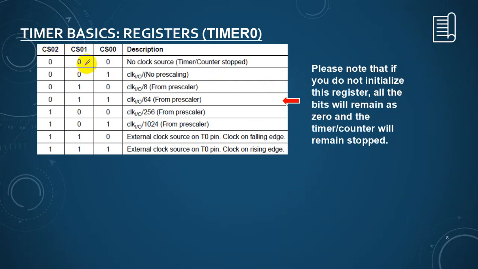If the combination is 000, no clock source; the timer stops functioning. If the sequence is 001, no prescaling; the timer gets the same frequency as the system frequency, 16 megahertz. If the sequence is 010, you divide the main clock frequency by 8.